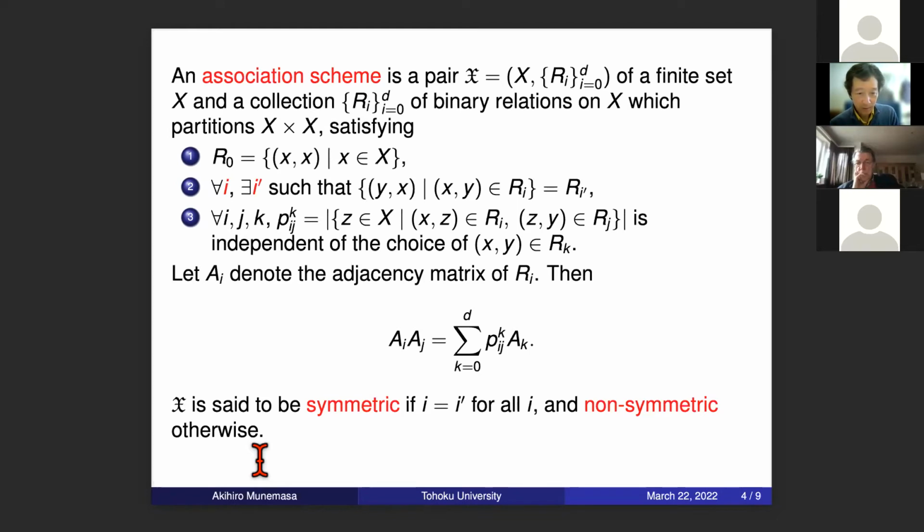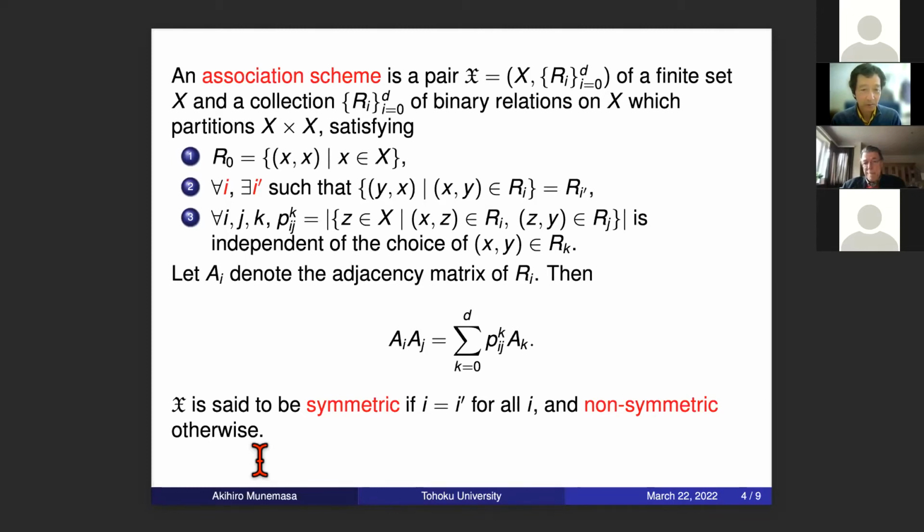And since I'm mainly concerned with the non-symmetric association scheme, I need to define what I mean by symmetric association scheme. It just means that each relation Ri is symmetric, and otherwise the scheme is called non-symmetric. So that's enough for the definition of association scheme.